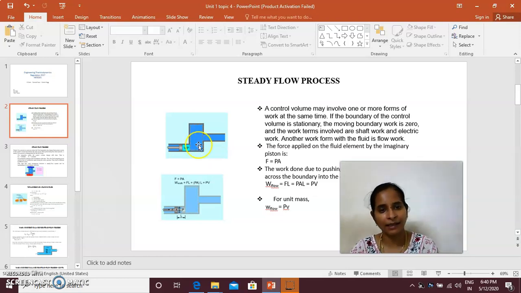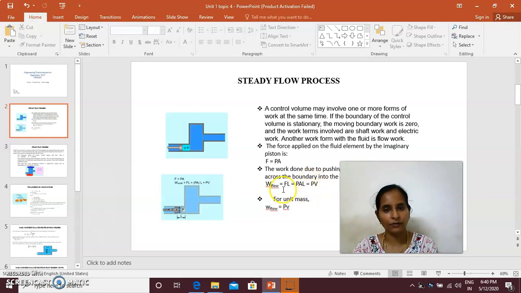Like a compressor pushing the refrigerant through the air conditioner or the refrigerator in our home appliances. So the work done in pushing the entire fluid element across the boundary into the control volume is flow work or flow energy, which is equal to PV.